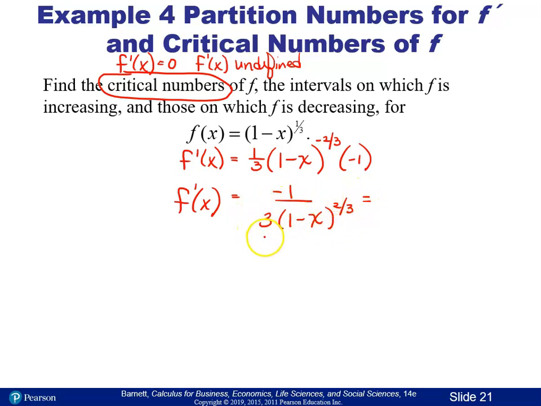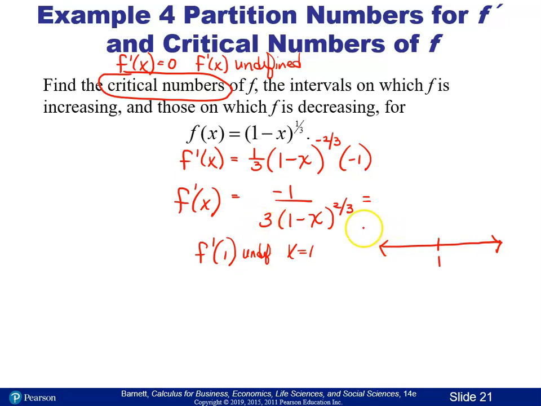There is a value that would make the denominator be 0. If I put x equals 1 into this, then 1 minus 1 is 0. So I have 0 in the denominator, which makes that undefined. So f prime of 1 is undefined. That means that's one of our critical numbers that we're going to put on our sign chart, and that's going to break our number line up into increasing and decreasing intervals.